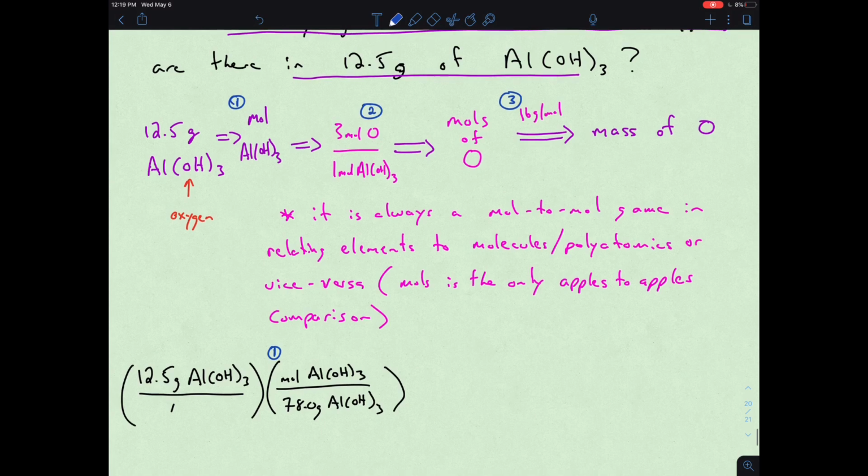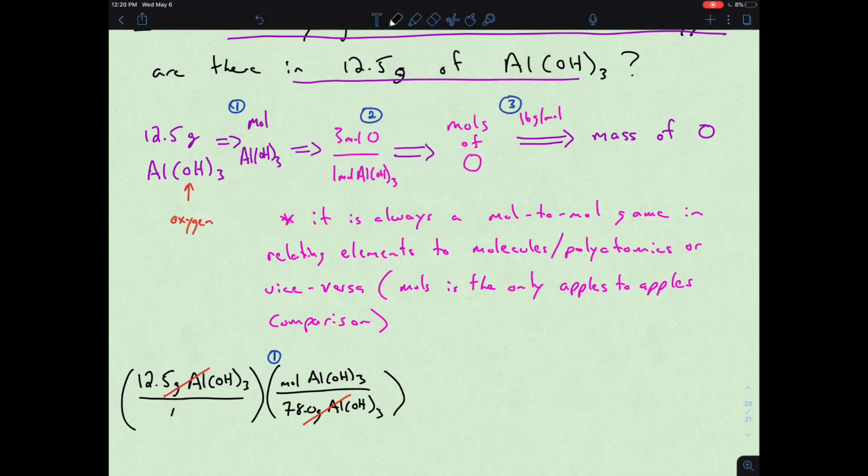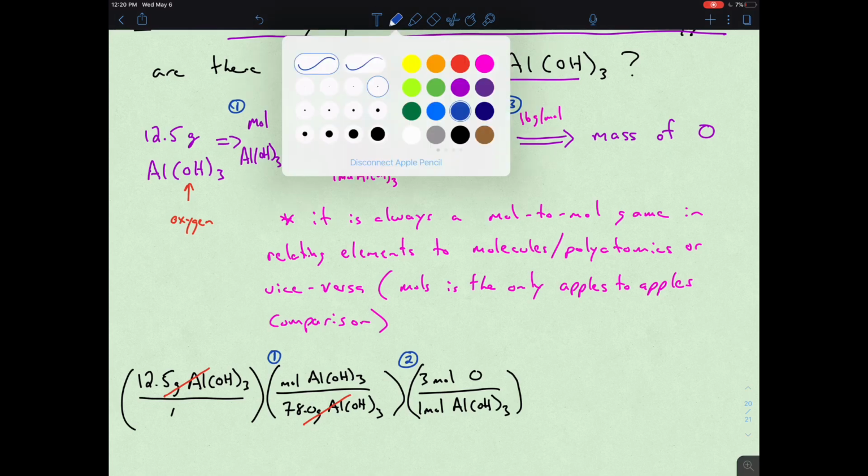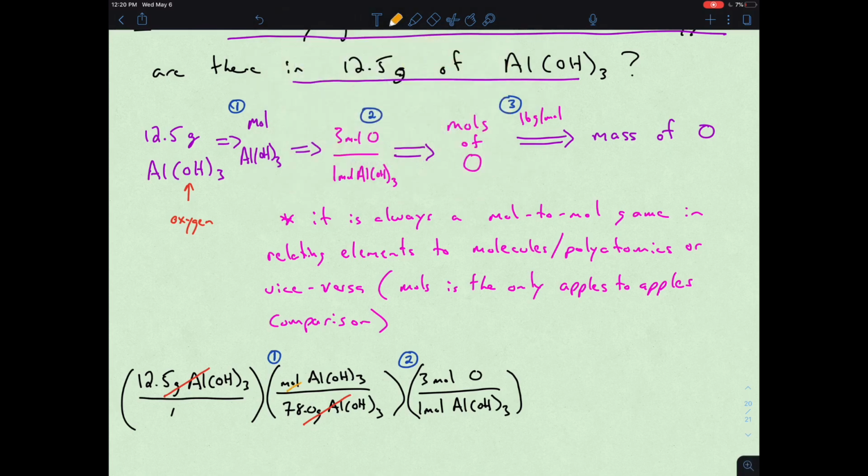And it's allowing me to get out of mass of the aluminum hydroxide and get into moles of the aluminum hydroxide. I then can use my conversion feature, which is the actual formula, to now go between moles and moles. So here is that second conversion, where now we're looking at taking out our moles of aluminum hydroxide and now converting it into an element that's part of that molecule.